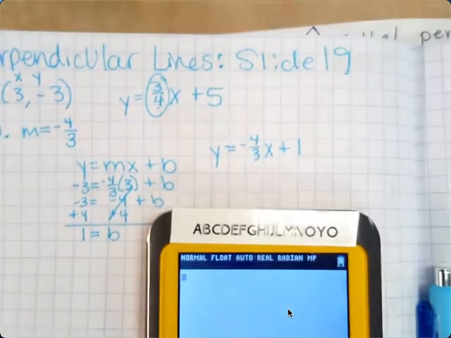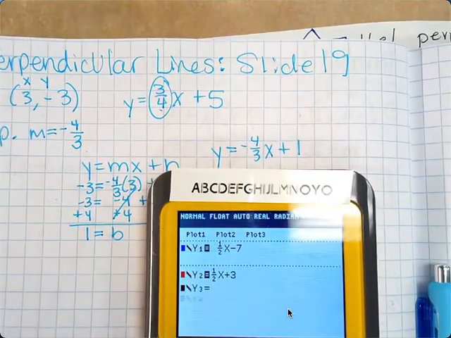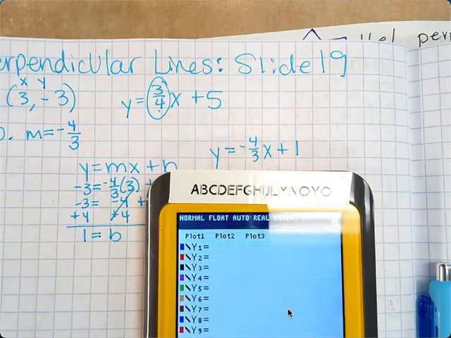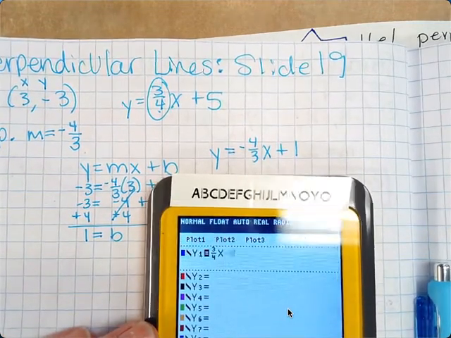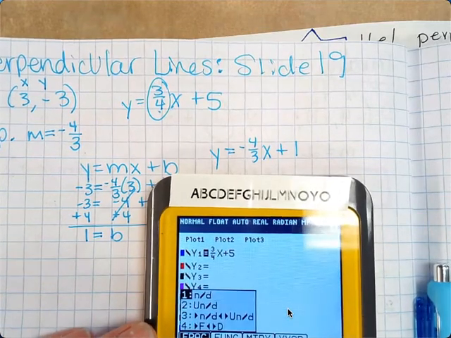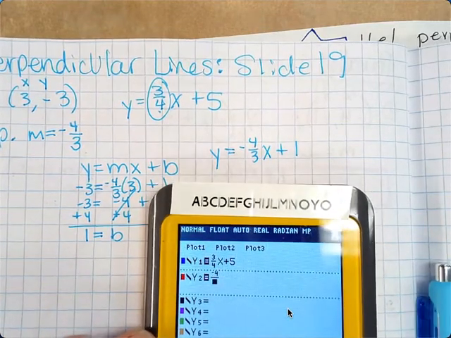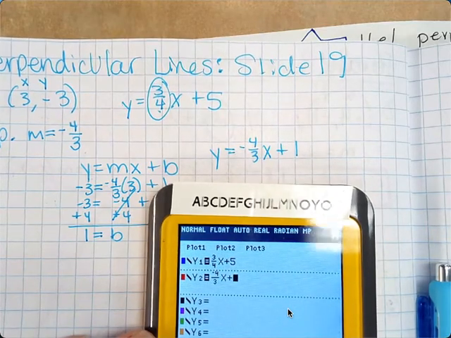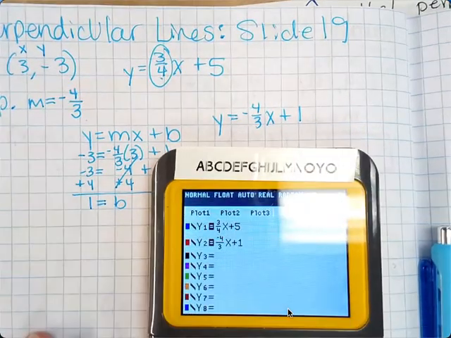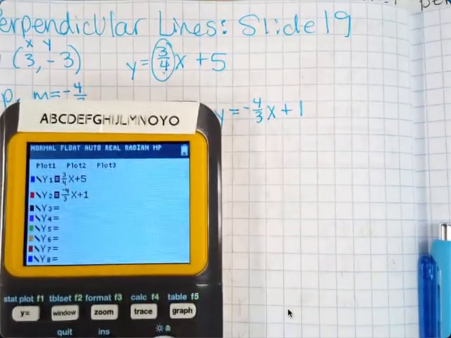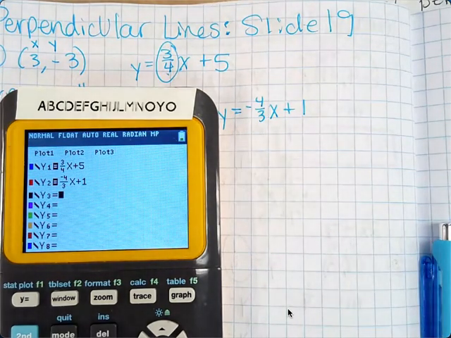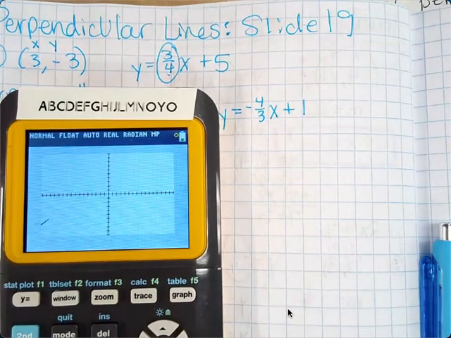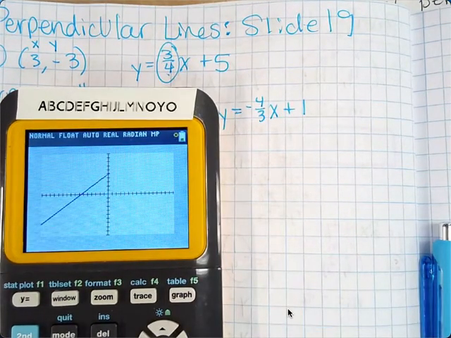Now we put the two equations into y equals, clearing out what's in there. You want to regraph it, and sometimes it doesn't look right.